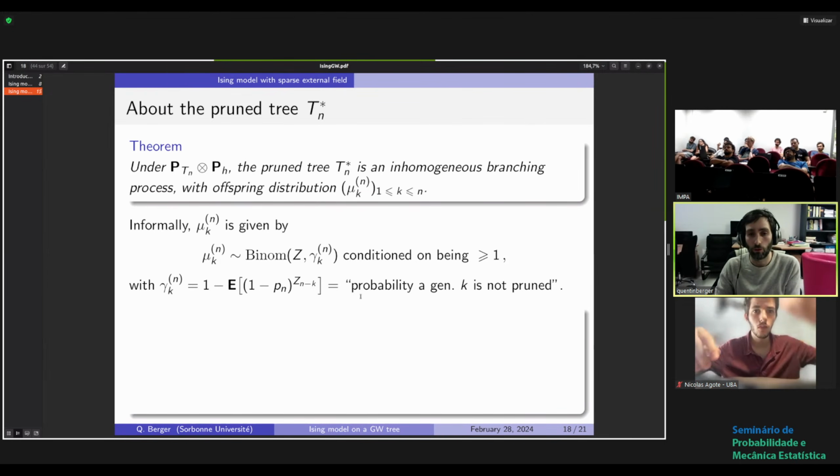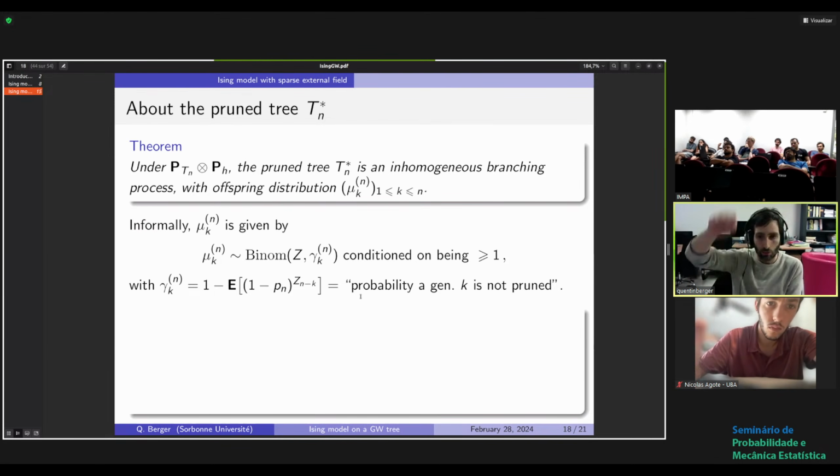It's very likely that one of your children is connected to a plus eventually. But the further up you go, this probability goes to 0, and in the end this distribution will be concentrated on the Dirac mass at 1.